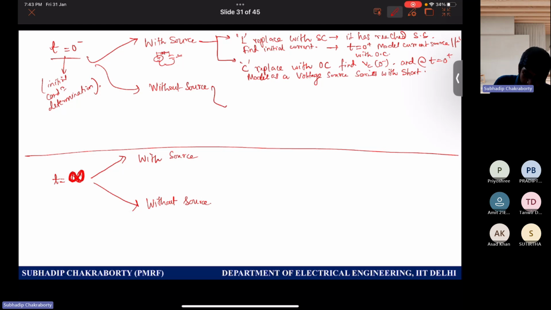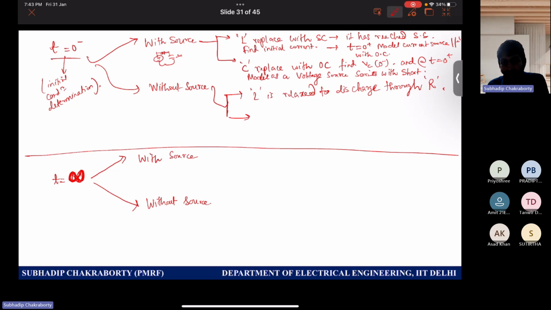So without source, if you find something, then L is relaxed, right? L is relaxed to discharge, because there is no charging, because in absence of a source. So what will the energy storage elements do?